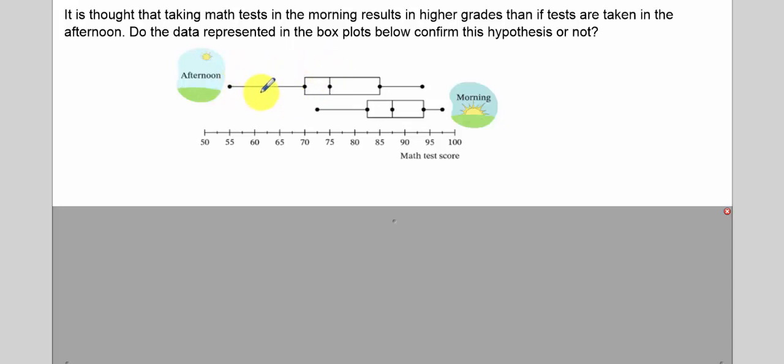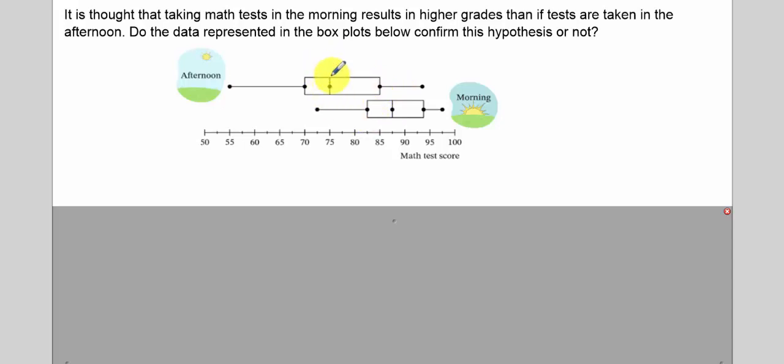So that's not great. So right off the bat, you're going to say, well, mornings are definitely a better time to take tests than afternoons, which kind of makes sense for many students, unless you've got those early risers who are still half asleep. The other thing we can state is 50% of the class is above 87, whereas in this graph over here, we only have 25% of the class being above roughly 85.